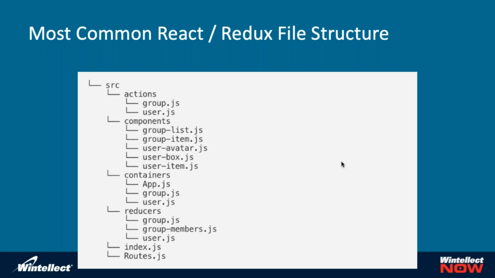You'll probably see 80 to 90% of React applications out there structured in this way. This is a little bit of an older way now, and I think in general people are finding that this is a little bit difficult to maintain long-term as your application grows.